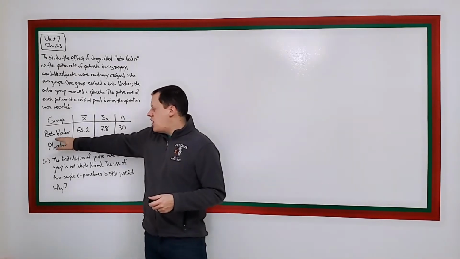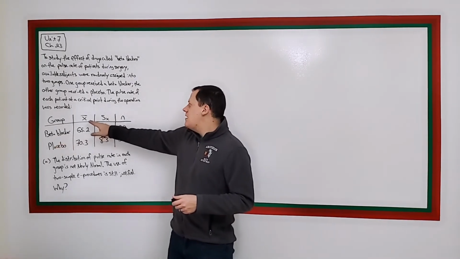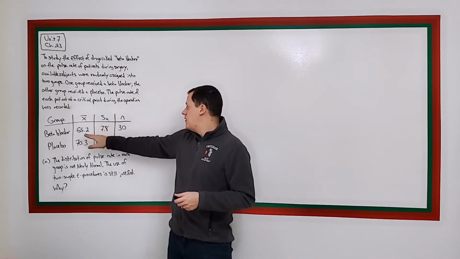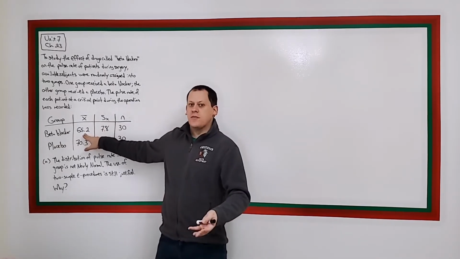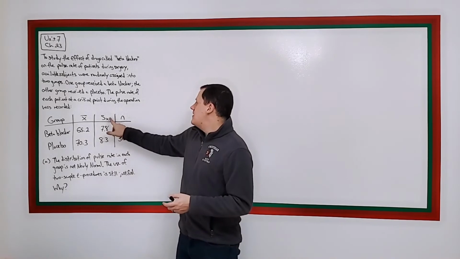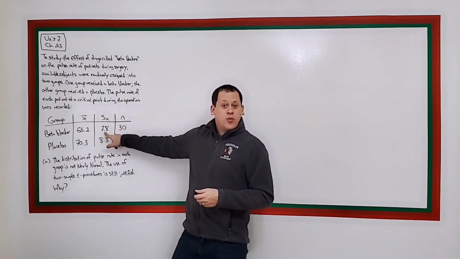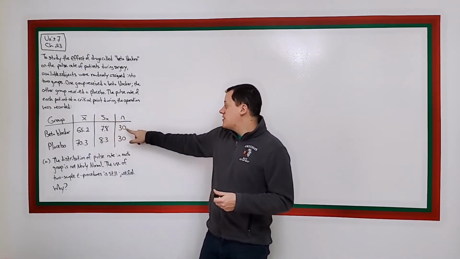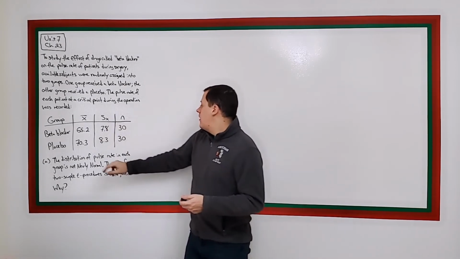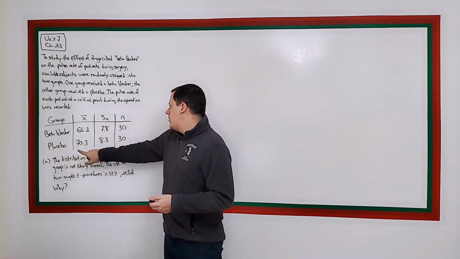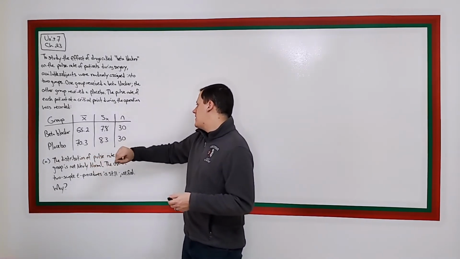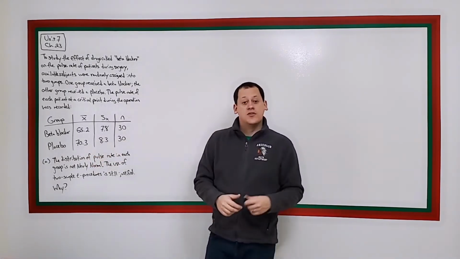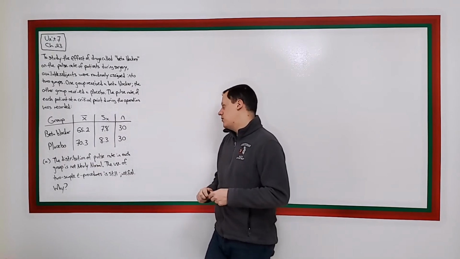So for the beta blocker group, the sample mean pulse rate was 65.2, and we can assume this is also measured in beats per minute. The sample standard deviation was 7.8 beats per minute, and the sample size was 30. For the placebo group, they had a sample mean pulse rate of 70.3 with a standard deviation of 8.3, and there were also 30 patients in that sample as well.